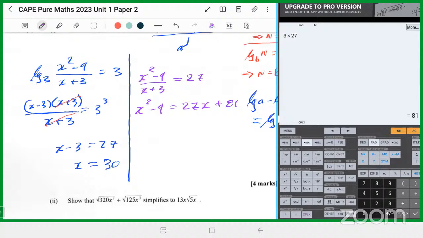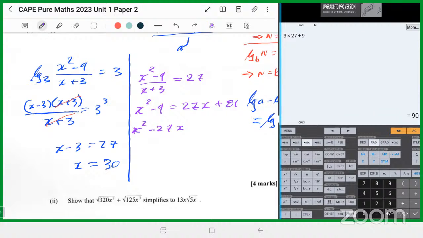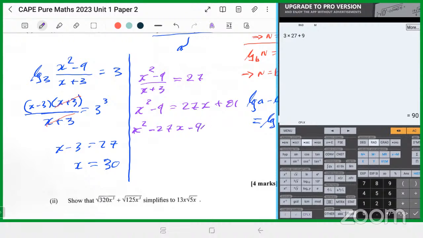And I transpose, I will get x squared minus 27x. Transpose this now, and I get 81 and 9 is 90, minus 90 equals 0. All right, and then now the factors of 90 where the difference is 27.